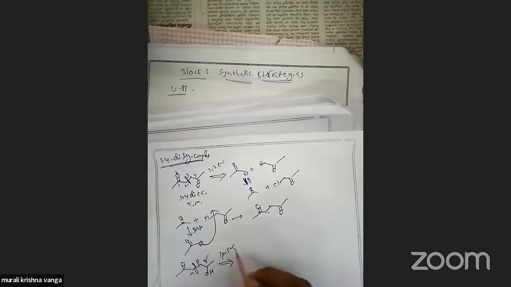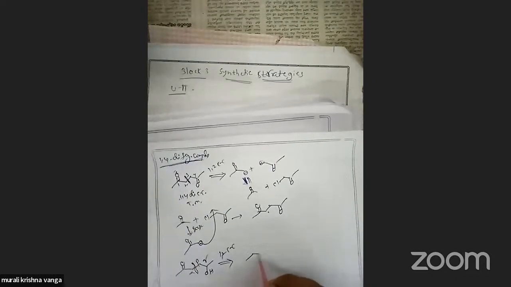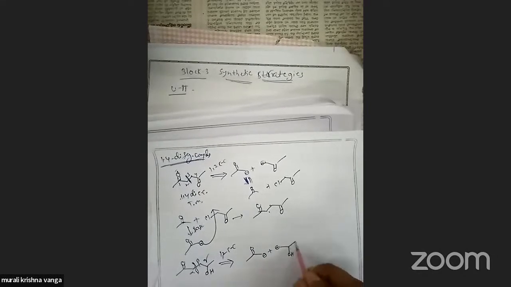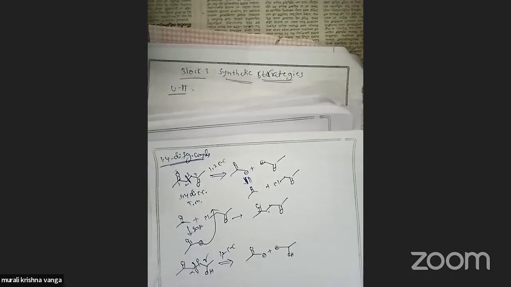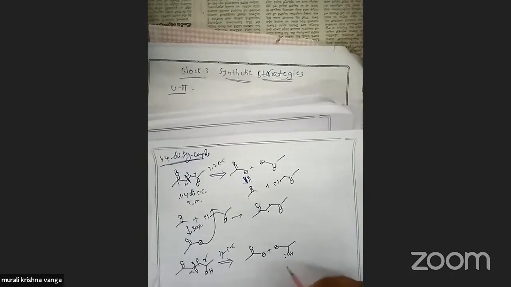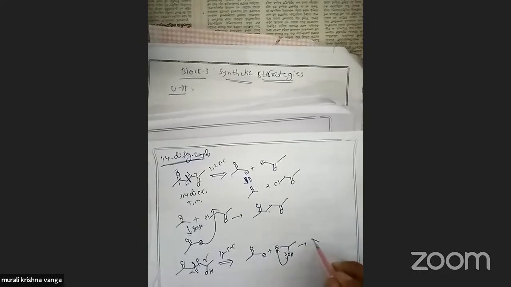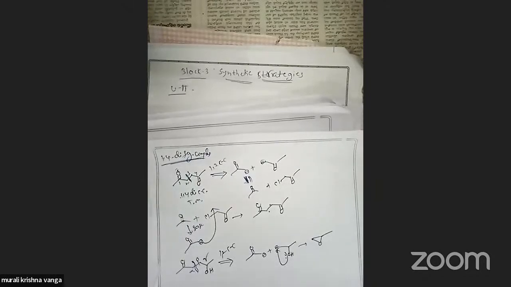There is a 1,2 CC disconnection. Then the product has a negative charge on the alpha carbon and a positive charge on the beta carbon, and the lone pair of electrons present on oxygen is transferred to the positive charge carbon. The product is an epoxide.